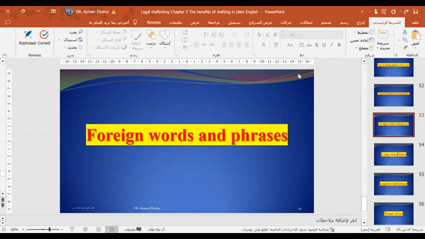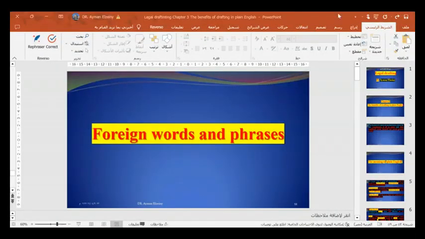"Per stirpes" means by stocks of descent. Also "pro tanto" means to that extent. Also "res ipsa loquitur" means the reason is self-evident; literally, the thing itself speaks. "Quantum meruit" means as much as is deserved.